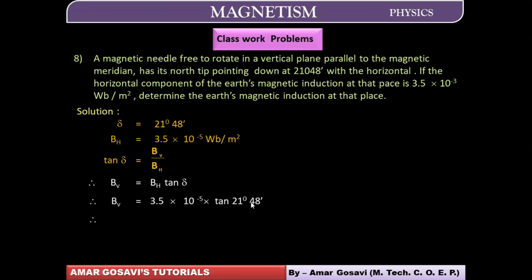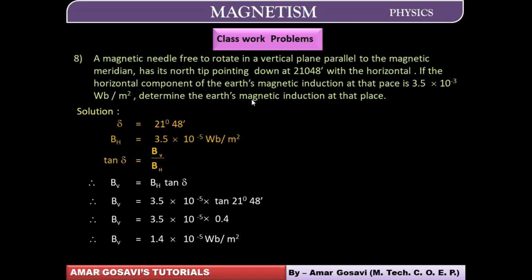When you find out, that value comes out to be 0.4. So the value for the vertical component then comes out to be 1.4 into 10 raised to minus 5 Weber per meter square. That means here 10 raised to minus 5 should be in place over here. Okay, that's the correction. Now we know BH, we know BV, that is the vertical component.